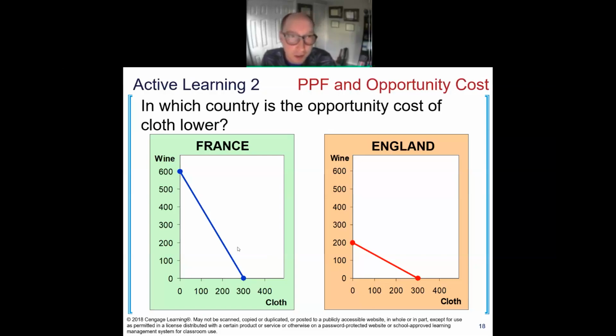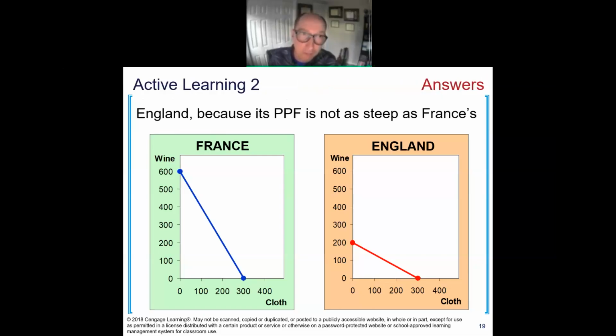So the question is, in which country is the opportunity cost of clothing lower? Let's take a look. It's England, because this slope is not as steep as France's. That makes sense.